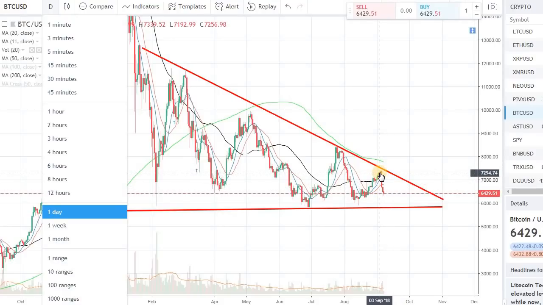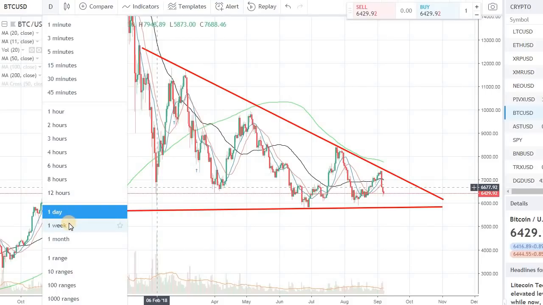If it opened at 7,000 from the previous day's trading and closed at 8,000, then it will be a long green candlestick because it had a positive day. So that's the daily candle.